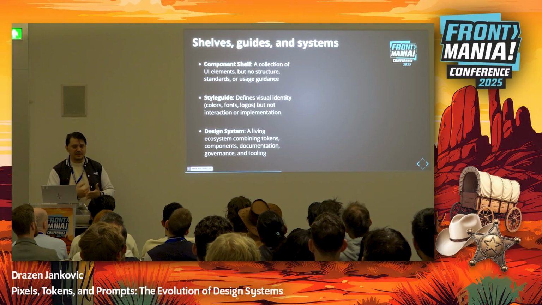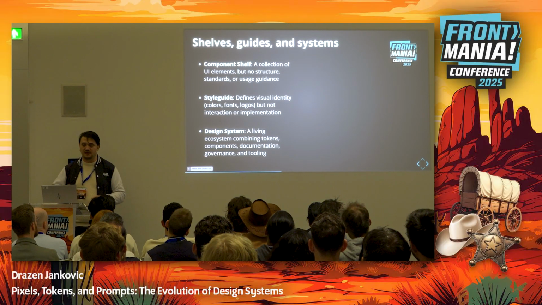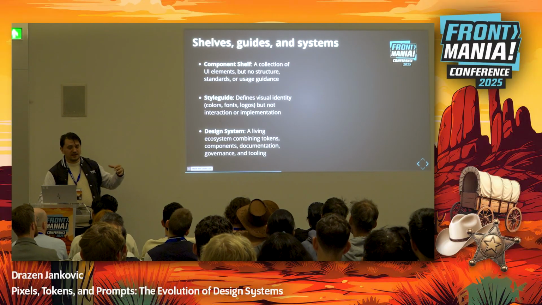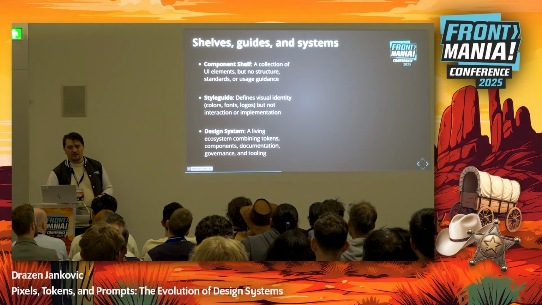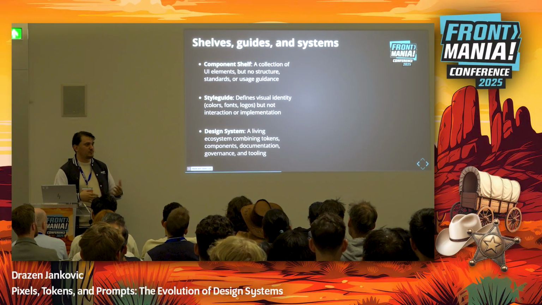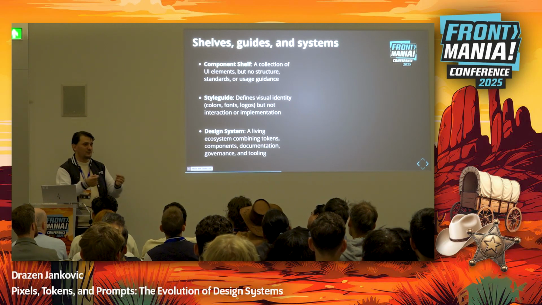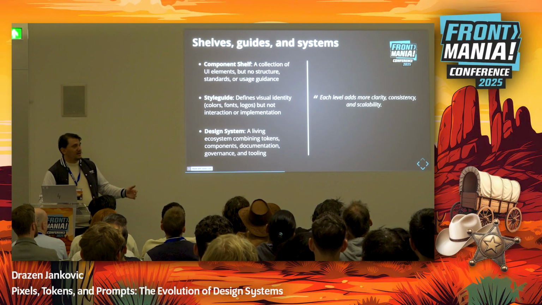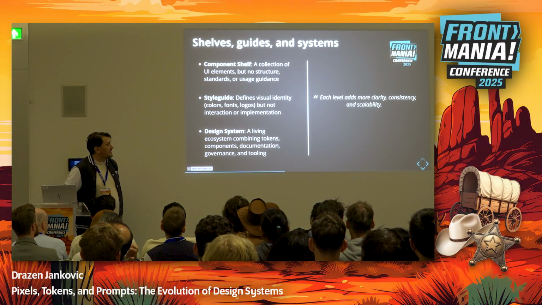It became a living ecosystem which combined design tokens for scale and consistency with coded components for reuse and testing, added documentation for not just context but also content, and added governance for improving quality and holding people accountable. If you did something wrong, who do you talk to to fix it? Basically, each level adds more clarity, consistency, and scalability.